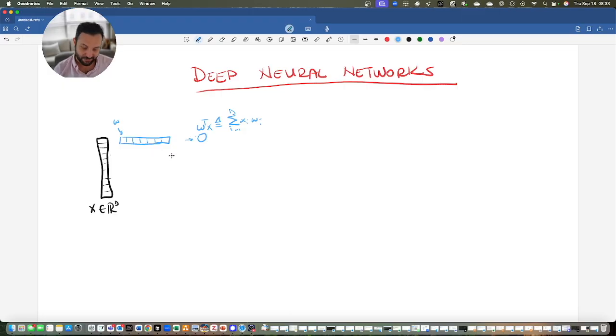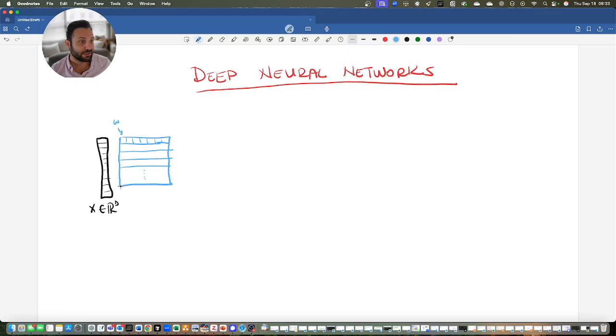So we will have a bunch of these row vectors, and a bunch of row vectors stacked on top of each other create a matrix. So I'm going to draw a matrix here. This matrix is my first layer of my neural network. And in this matrix, I'm going to highlight every single row, because rows of this matrix are important.